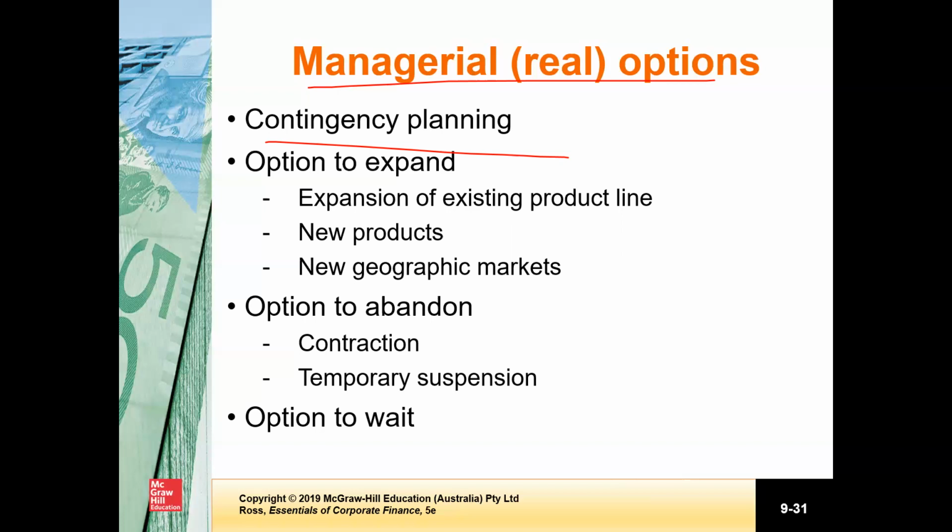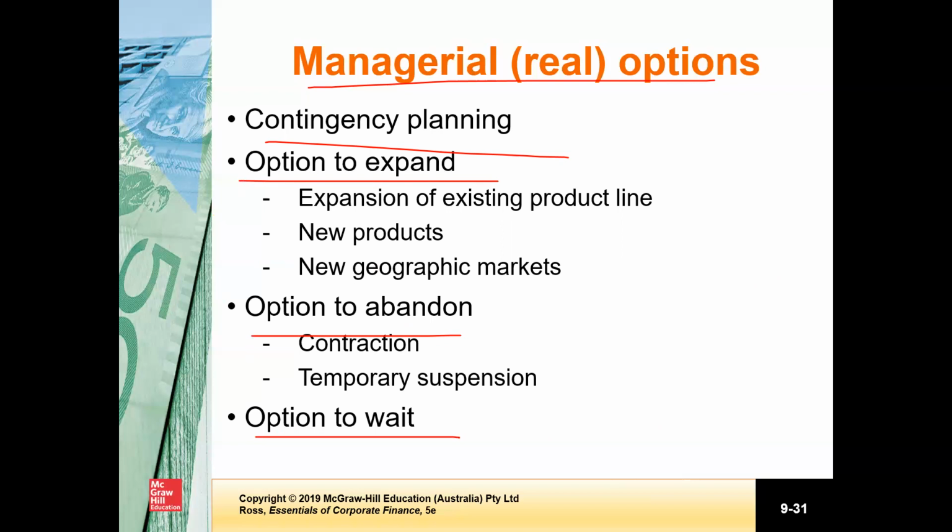This is called contingency planning, and it amounts to an investigation of some of the managerial options implicit in a project. So what we can consider is, for example, the option to expand, option to abandon, option to wait, and so on. Let me very briefly talk about each of these points.